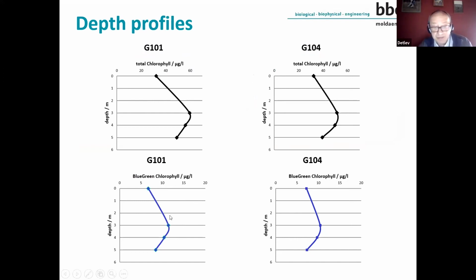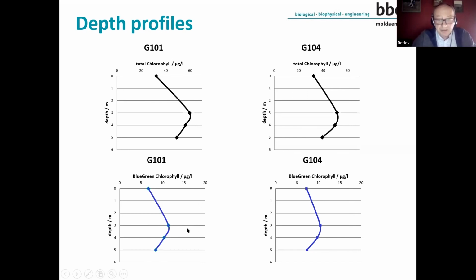Let's see here in a table where we have the AlgaeTorch at 3 meters, where we find the most blue-green algae. It is, let's say, a small amount, but at the surface there is not that much of the blue-green algae.